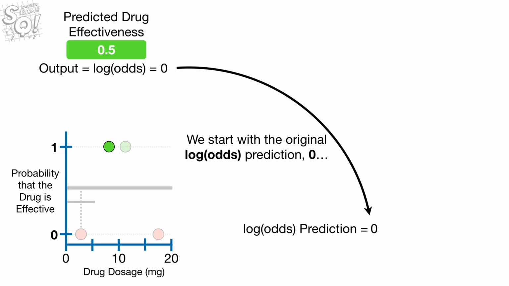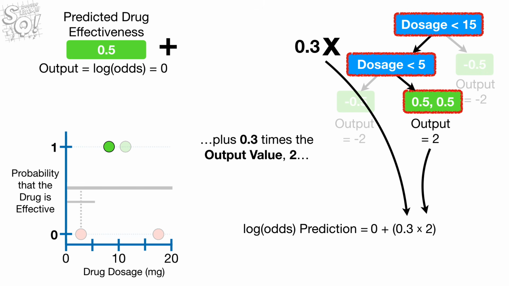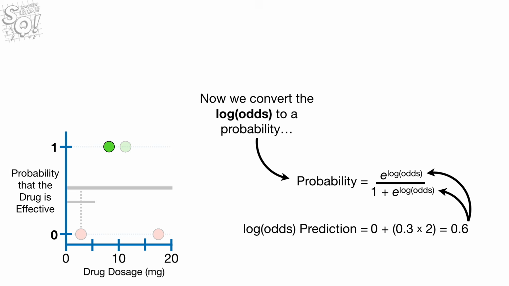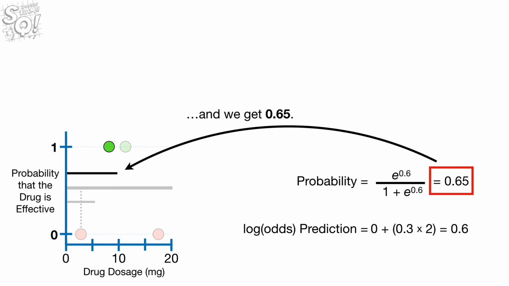Now let's make a new prediction for this observation, with dosage equal to 8. We start with the original log of the odds prediction, 0, plus 0.3 times the output value, 2, and the predicted log of the odds equals 0.6. Now we convert the log of the odds to a probability, and we get 0.65.